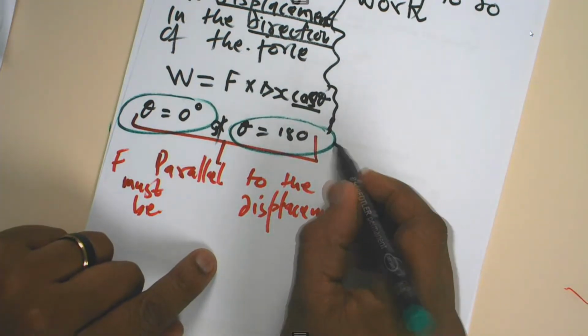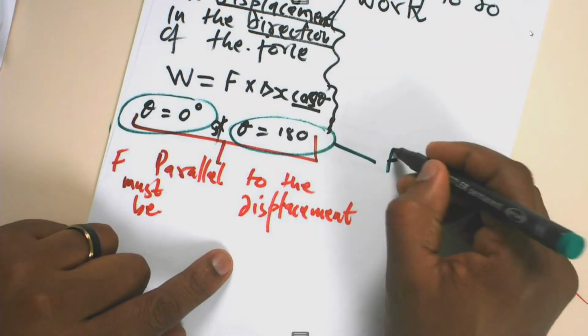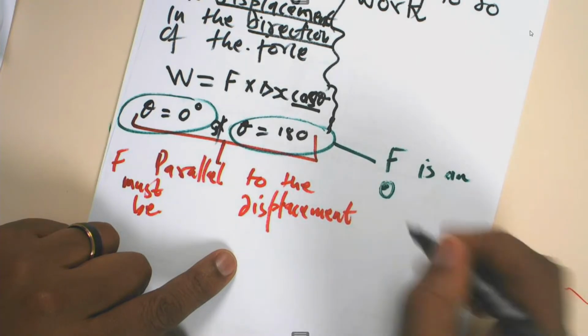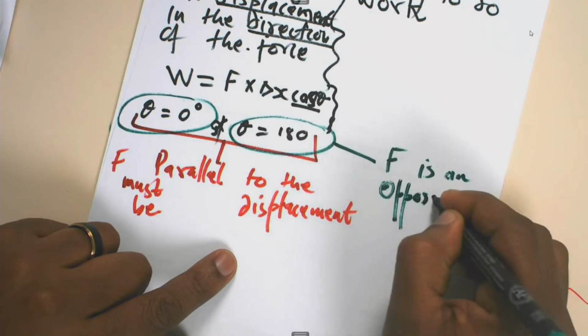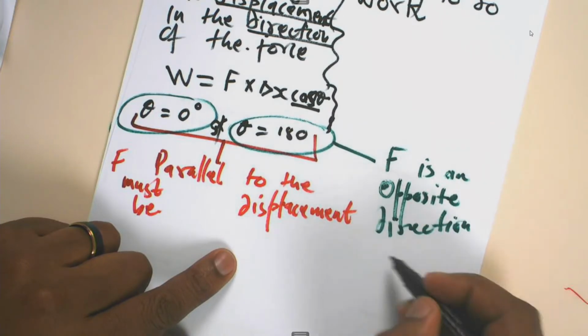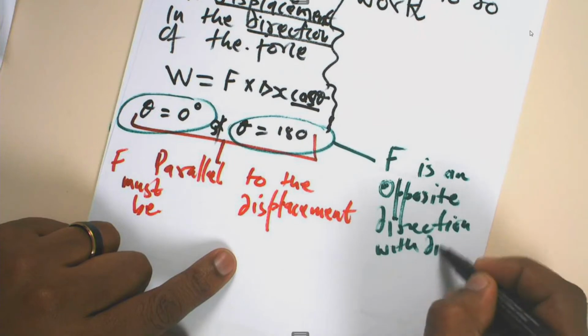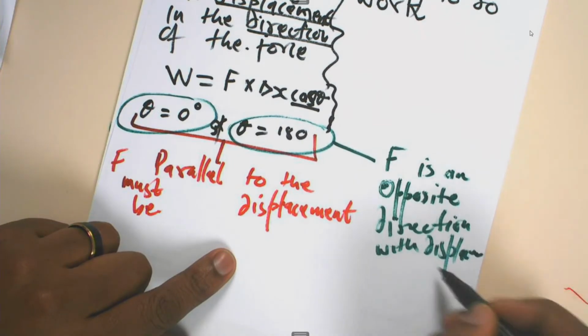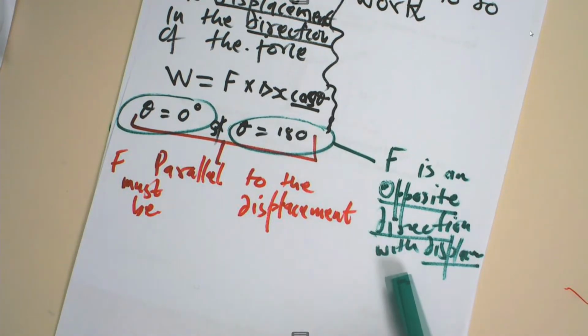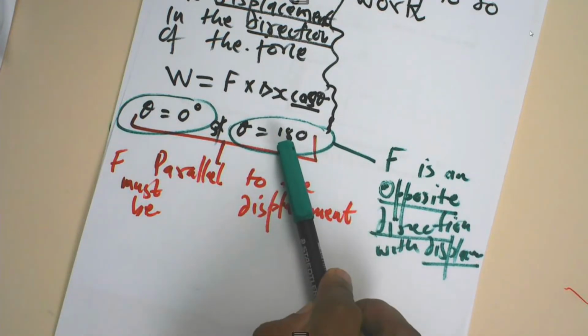So it will be 180 when F is in an opposite direction with displacement. We need to get that one clear. So if the direction of the displacement and the force is in opposite directions, then I must use 180.